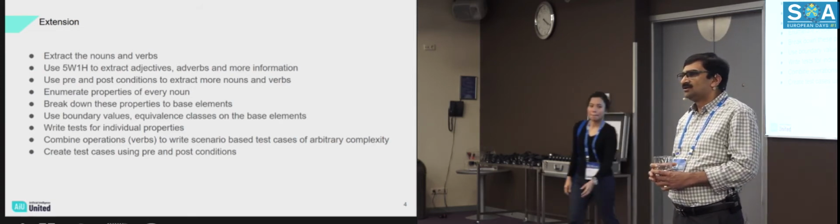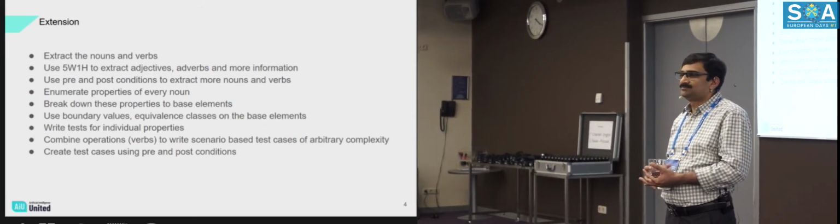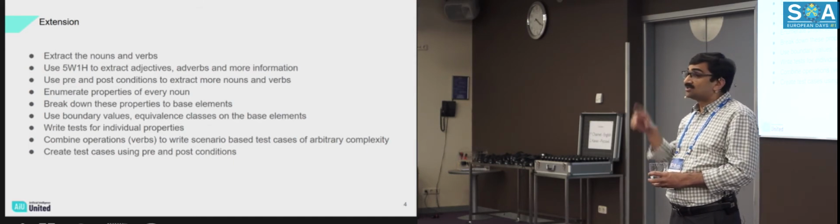Now tell me, what is the noun that you're looking at? String, okay? So string is the noun that you're looking at. What are the properties of string other than what we wrote down here?